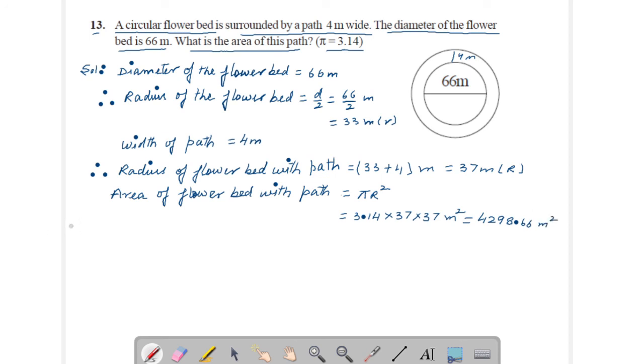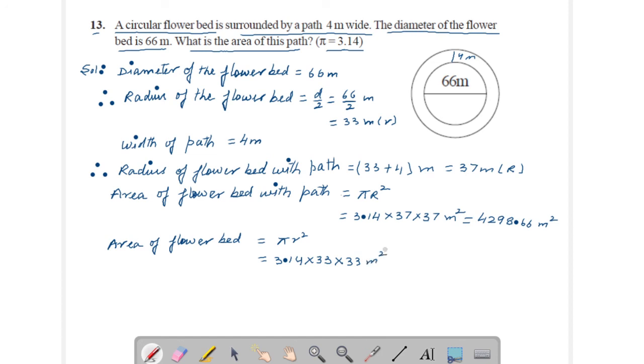Now area of flower bed, it is pi small r square. Value of pi is 3.14 and value of small r is 33. 33 into 33 meter square.